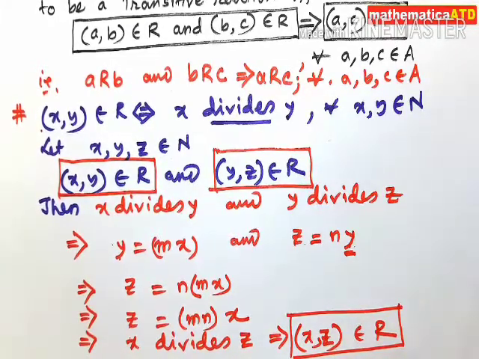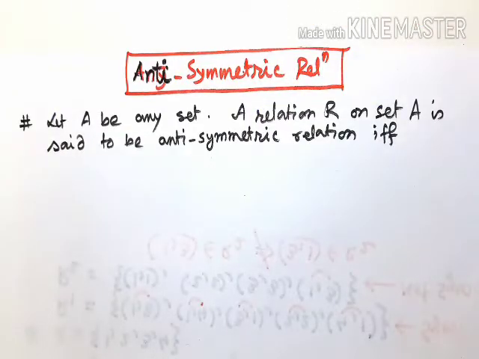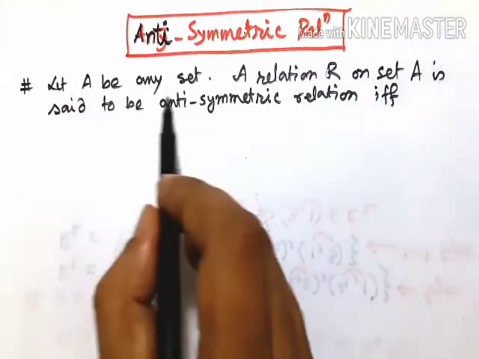So now we shall find what is an antisymmetric relation. Let A be any set.